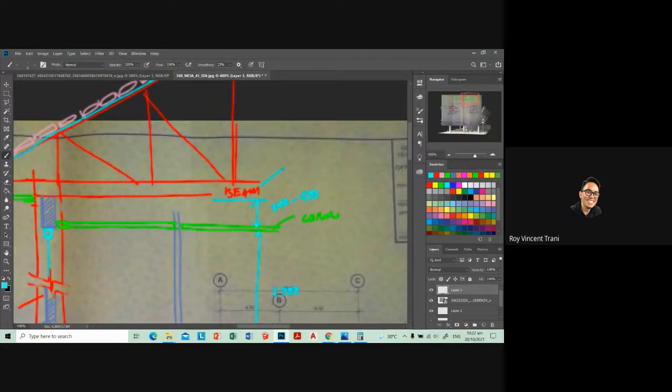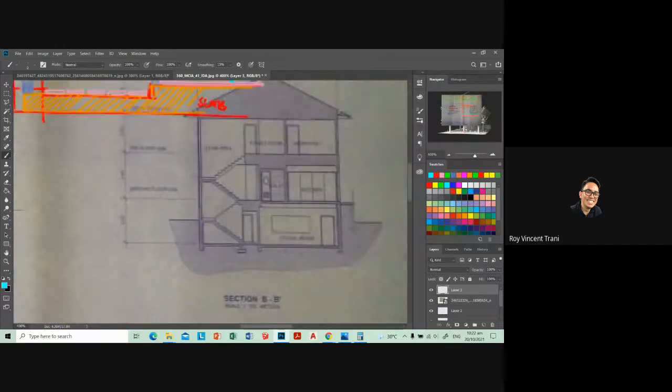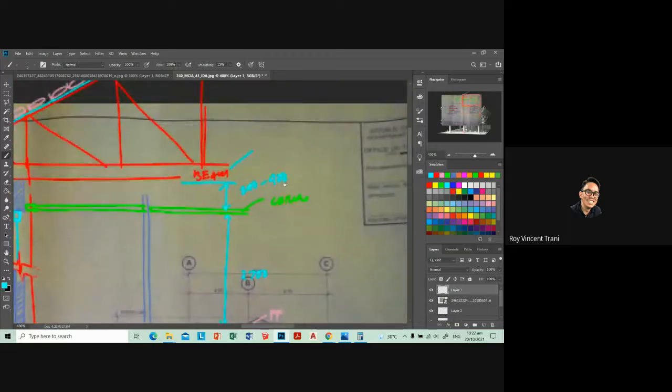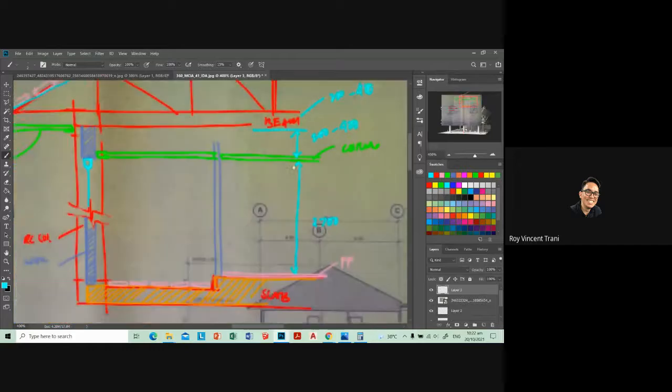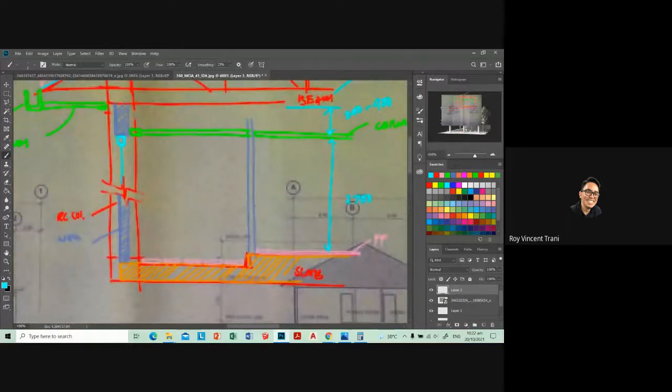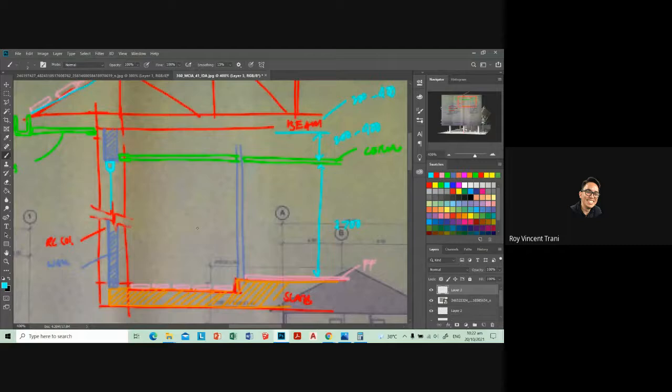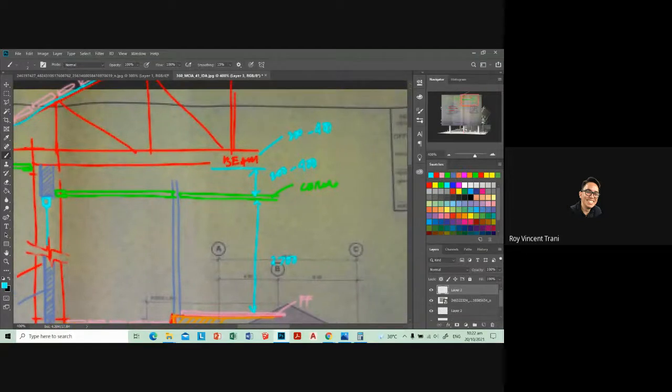Beam thickness depends on the span, but usually they go for a depth of about, let's see, beams. How about the same as well, 200 to 400, depending on the engineer's requirements and the spacing of the columns and spans. But I think for this house it's about this.